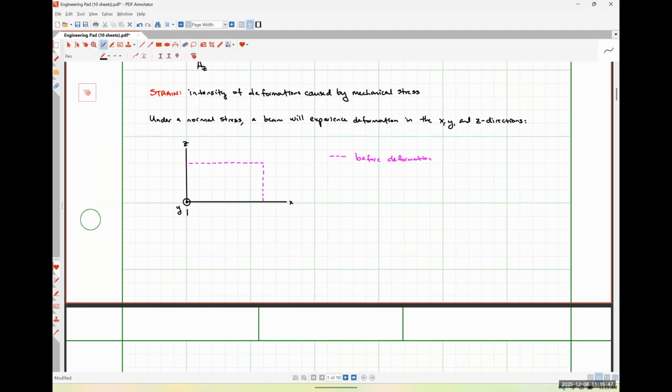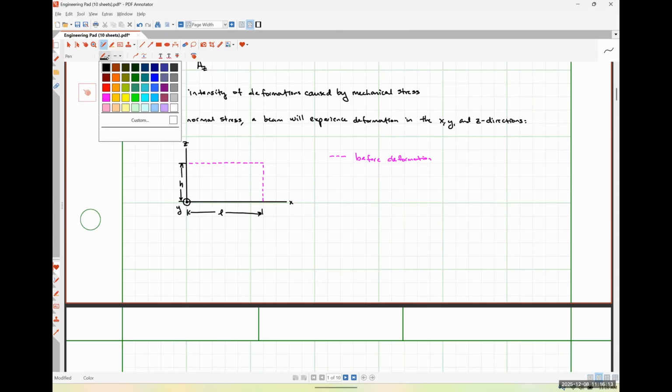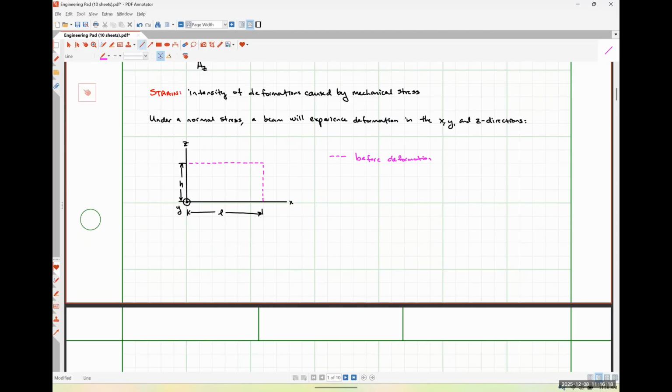And this original length here is our length L. And this original height here is our height H. So after we pull on this thing in the x direction, what we're going to see is something that looks like this. Obviously, rather exaggerated.